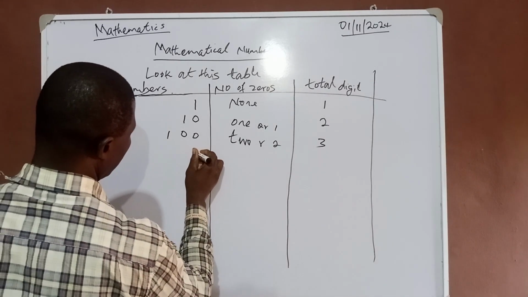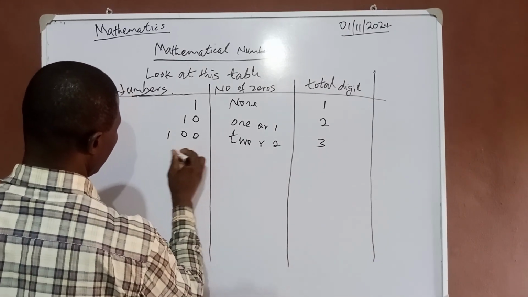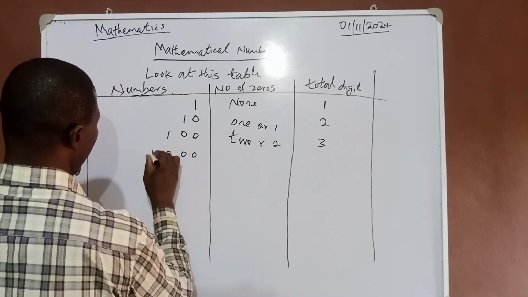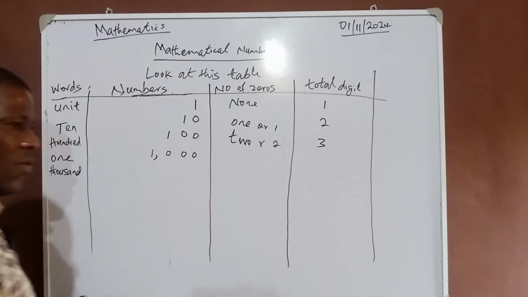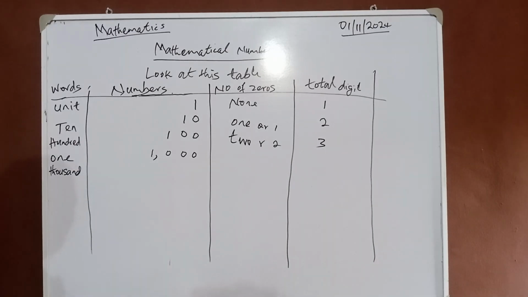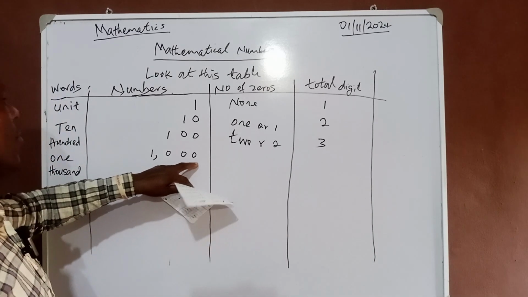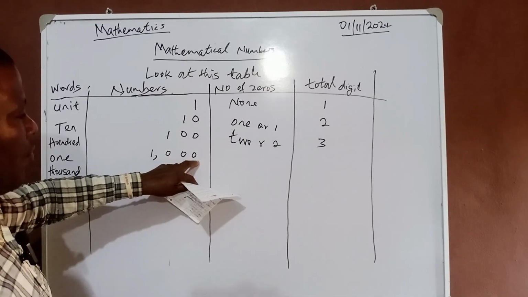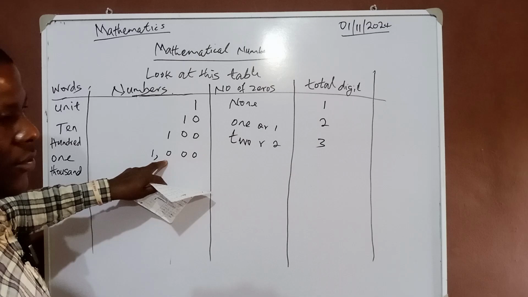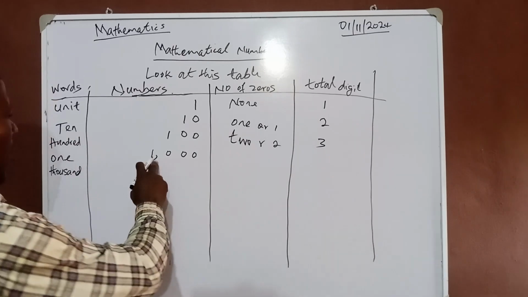You write 0, 0, 0, 1. Put your comma here. Whenever you are writing numbers in mathematics, once the number goes beyond 3 digits or beyond 3 zeros, you must put your comma.